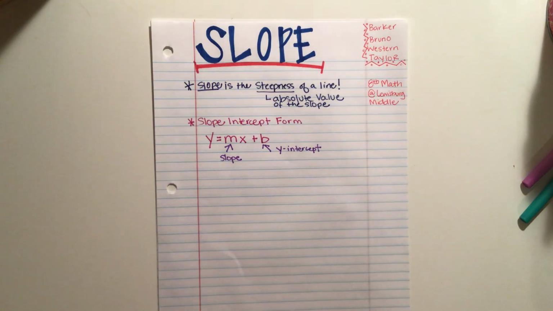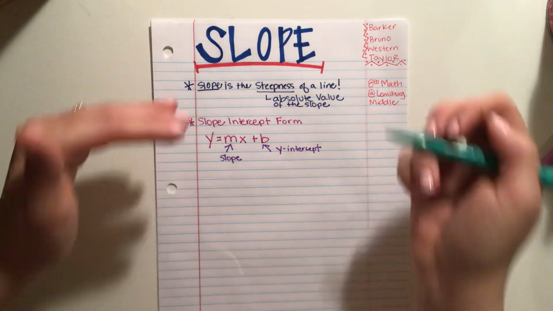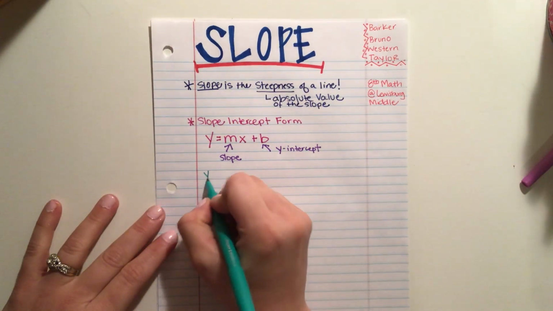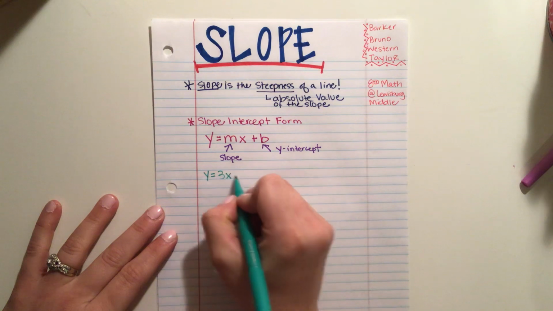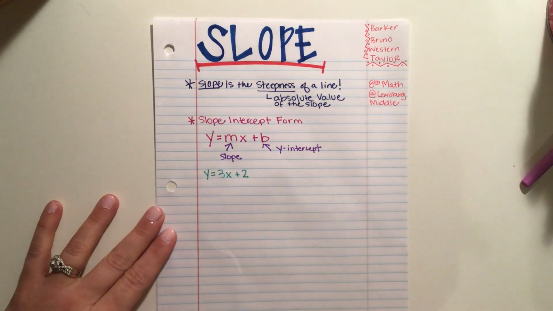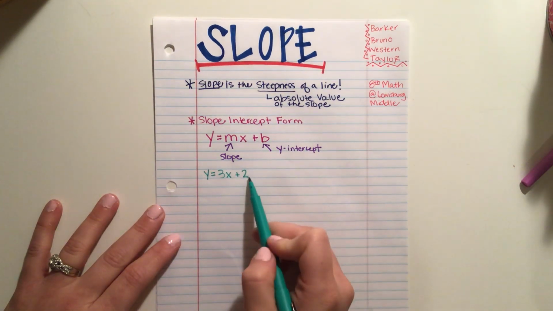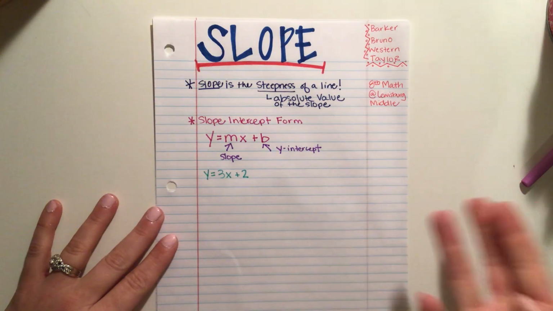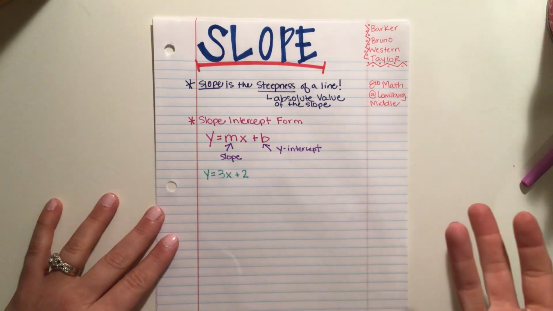So let's write a few equations real quick before we get into the different forms of slope. Let's look at the steepness of slope first. If I have y equals 3x plus 2, my y-intercept is 2, and we're going to go over in a different video what we mean by y-intercept and where that is located on a graph.